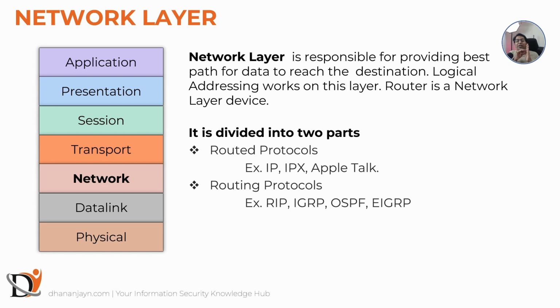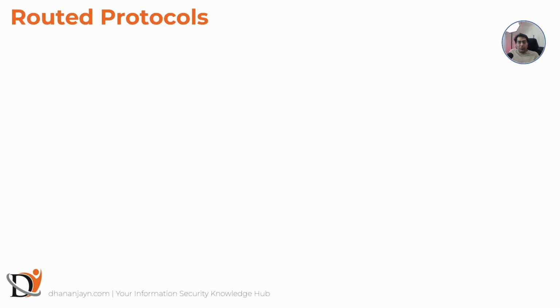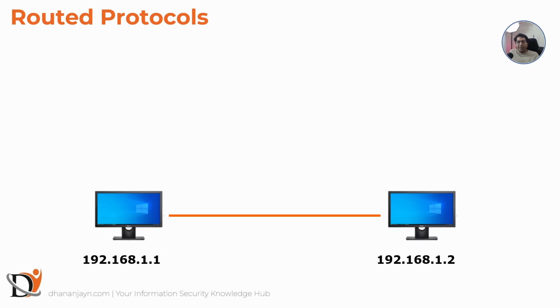They only deal with sending and receiving the data, but they will not be looking into the path establishment part. So that is the job of the routing protocols. So let's understand the routed protocols.